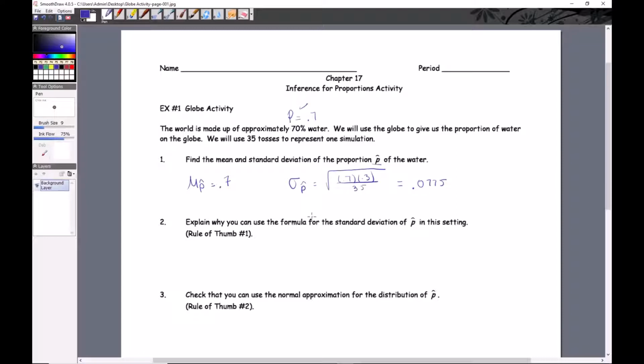Number 2, explain why you can use this formula that we did right here for the standard deviation of p hat in this setting, all right? So let's just write out why.